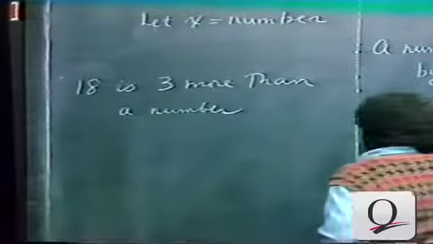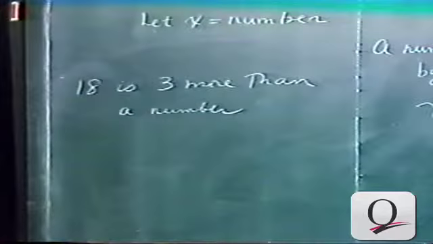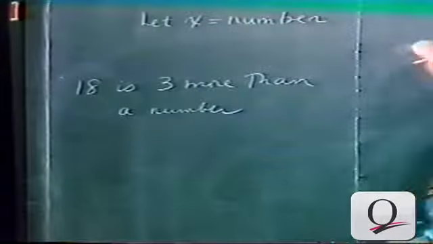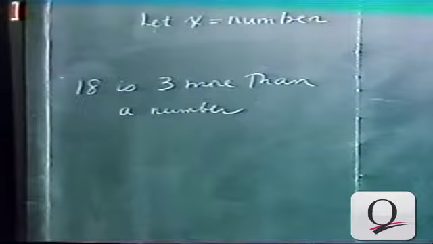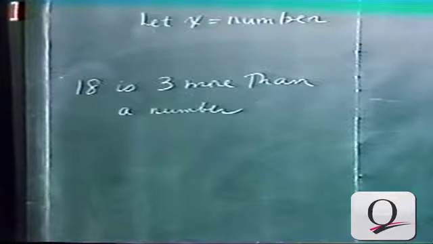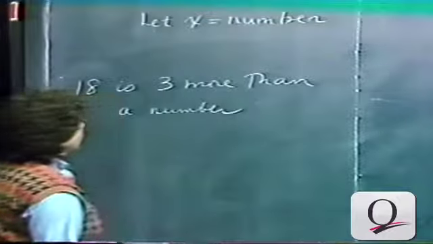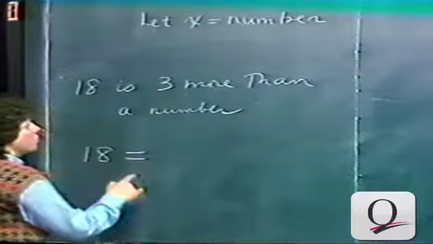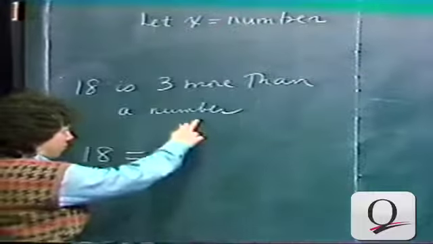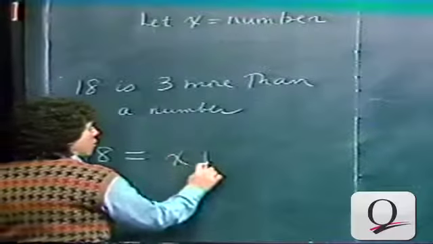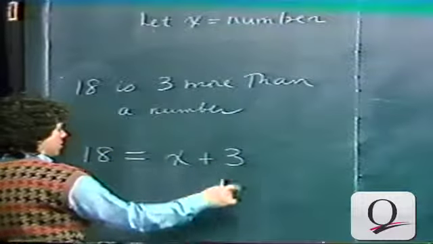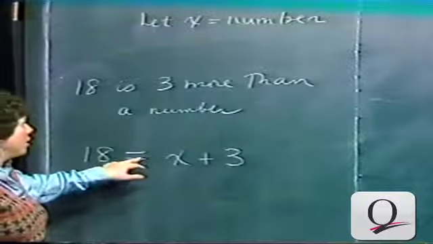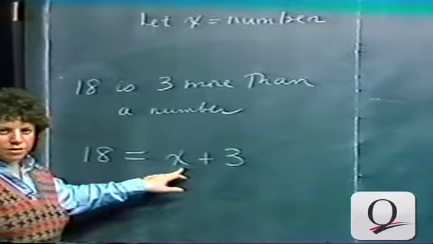Here we have a complete sentence, and the "is" is going to translate into the equal sign. 18 equals 3 more than a number x. X is the number. 3 more than the number x is written this way. 18 is, or equals, 3 more than the number x.